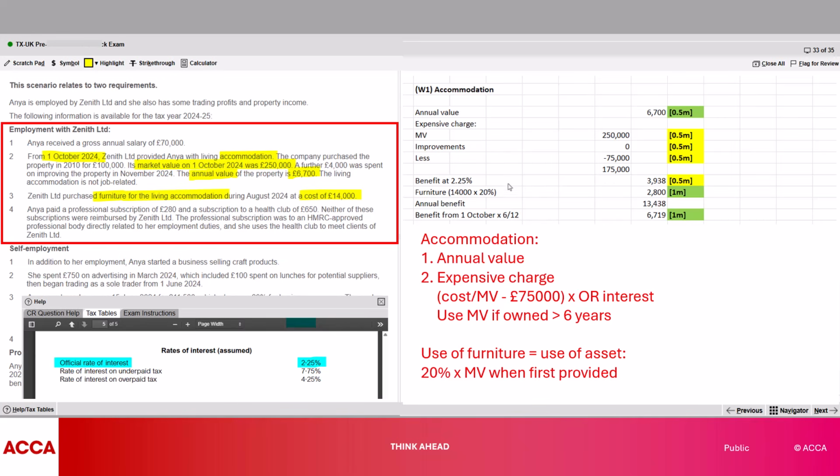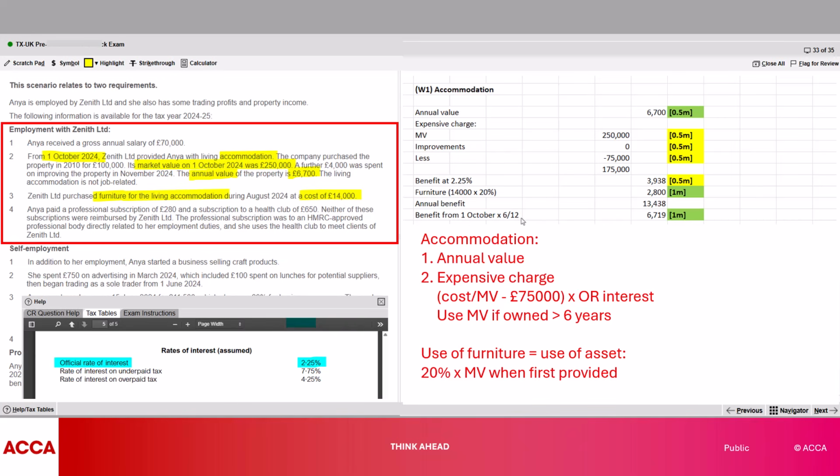Now just note here that if you had got the figure wrong, so if you'd used, let's say, the original cost, or if you've added the improvements, then you would have lost the half mark for that bit, but you could still get the half if you've multiplied by 2.25%. The furniture, 1 mark, fairly straightforward, 20% of the value when it was first provided, which will take as the cost.